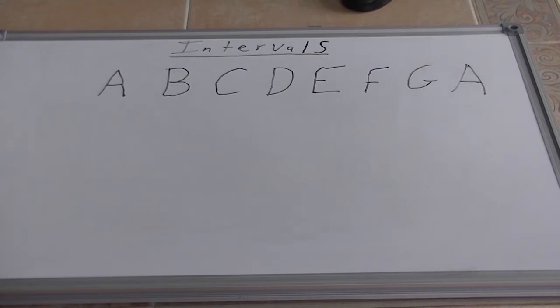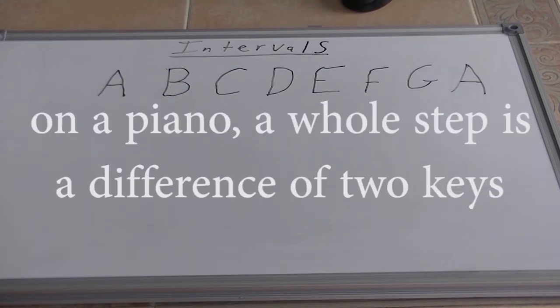As I said, a difference of 1 fret along the same string is a half step interval. So if we go 2 frets, that's 2 half step intervals, and that would be known as a whole step.